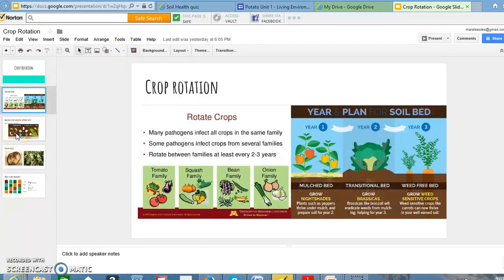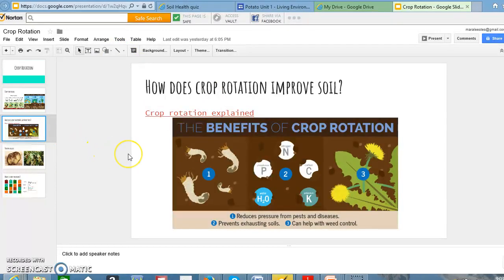And why is that important? So the reason we do that is to, number one, keep away bugs and pests. Number two, build up a healthy soil. And number three, keep away weeds. So I'm going to explain to you how rotating your crops will help with all three of these things.